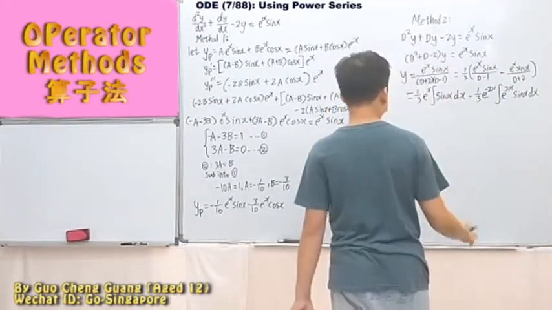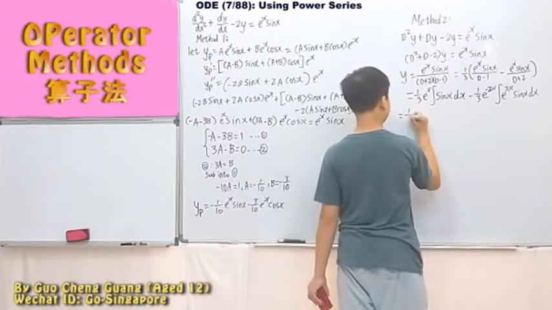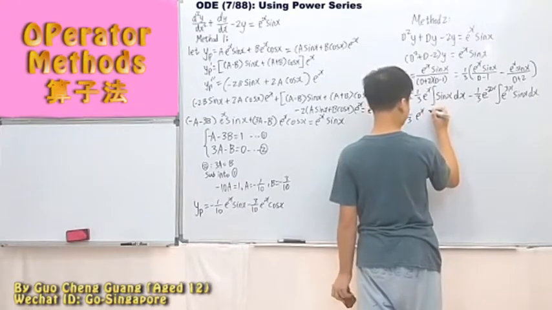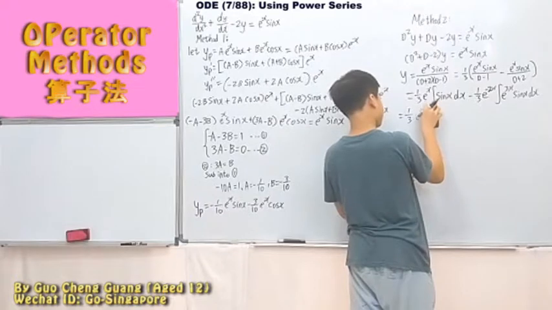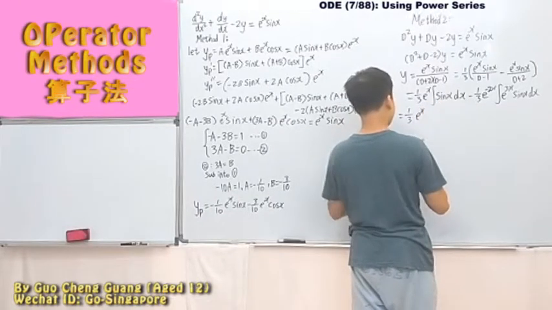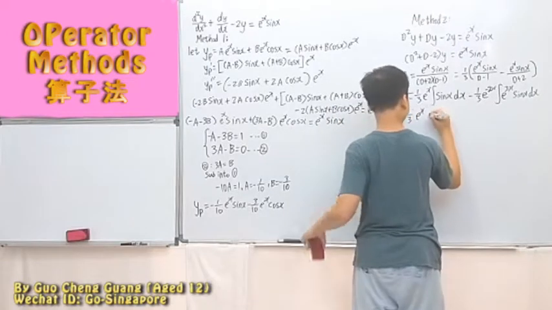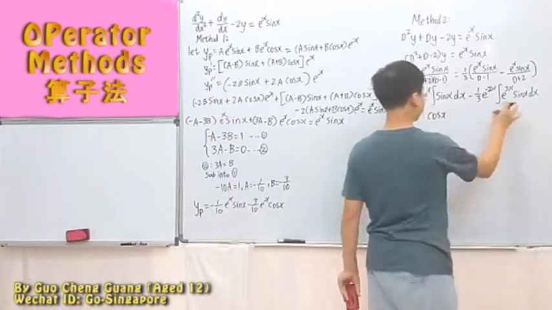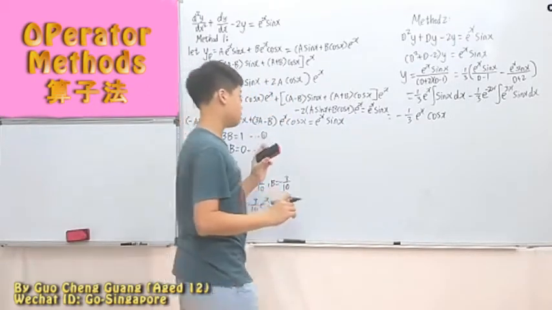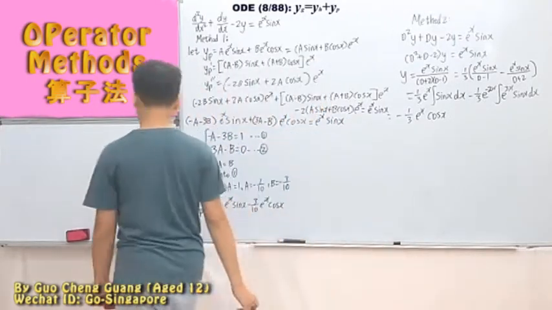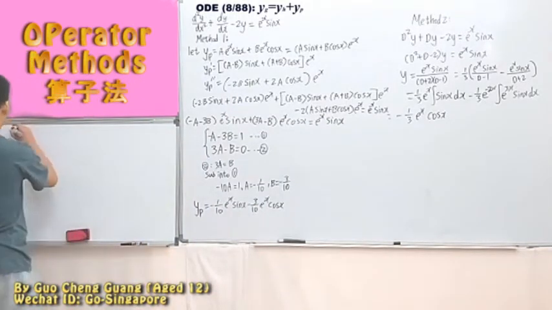So at this front part, well, it's simple. This front part is pretty simple, right? So you'll directly get, so sine, that means it will be a negative cosine. But for the part behind, you will be needing to use the integrating factor. Okay, so we're going to use the integrating factor for this part.